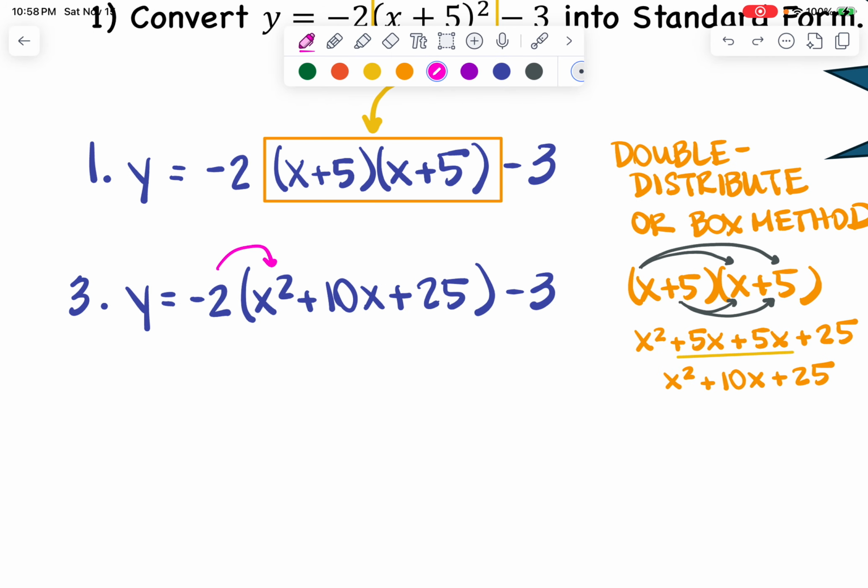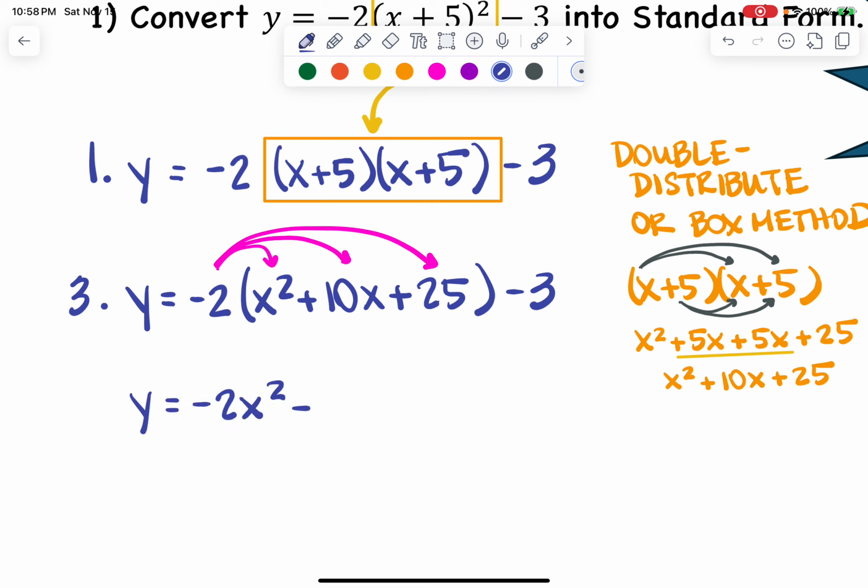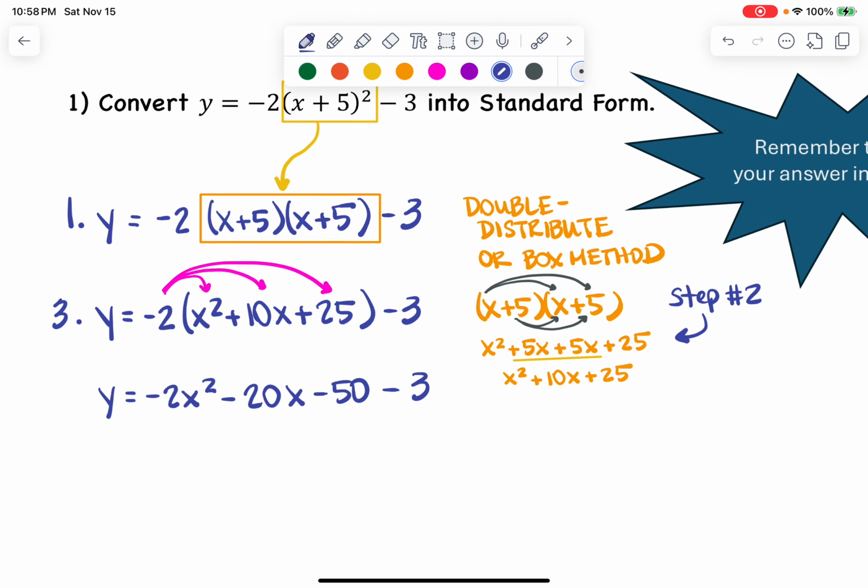Now that we've got rid of the double parentheses with the square, we can distribute the -2 to everybody. So that's going to give us y equals -2x squared minus 20x minus 50, and then I don't want to forget about that -3 dangling off the end still.